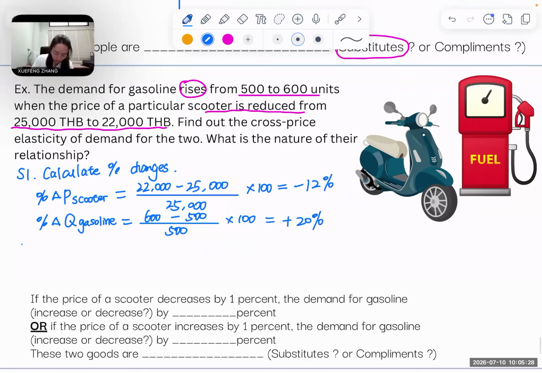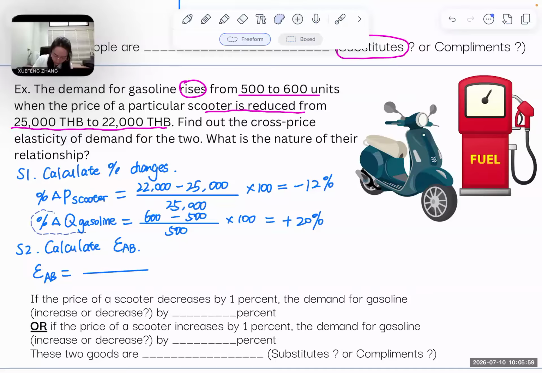And next one, calculate epsilon AB. So epsilon AB equals the quantity divided by the price, okay? But here's the quantity for gasoline. Actually, it's percentage change in quantity divided by percentage change of price in scooter.